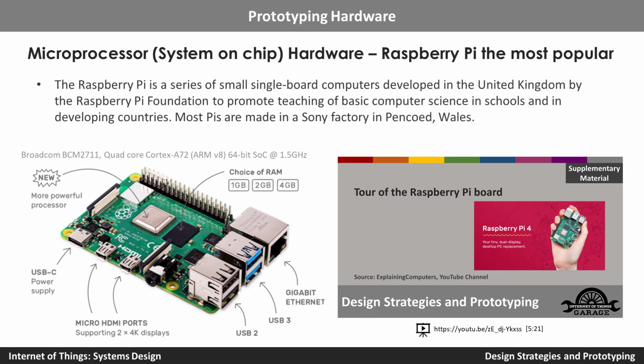Let us now look at the microprocessors, which are also called system on a chip. The most popular implementation of these microprocessors are Raspberry Pi devices. Raspberry Pi is again open source hardware.